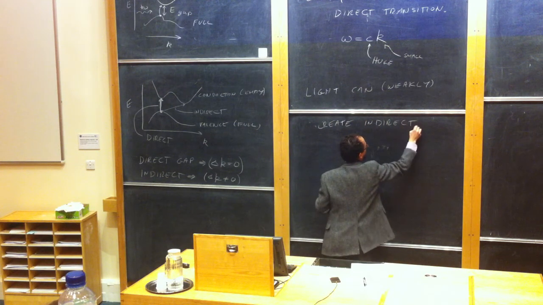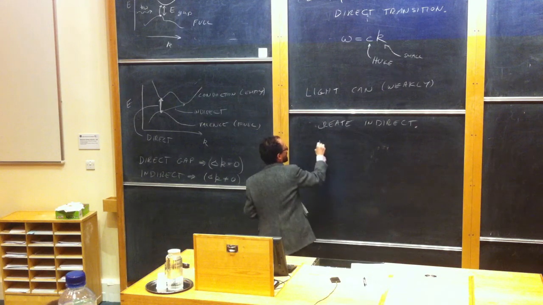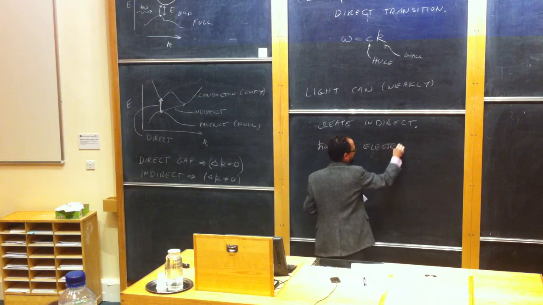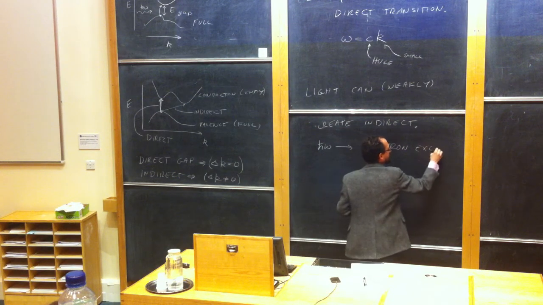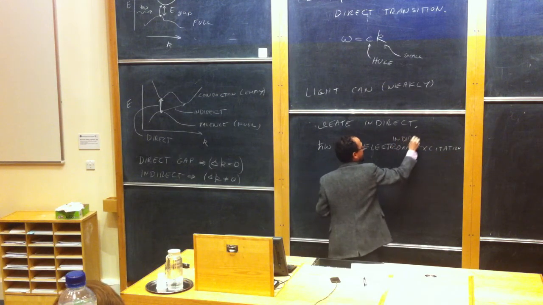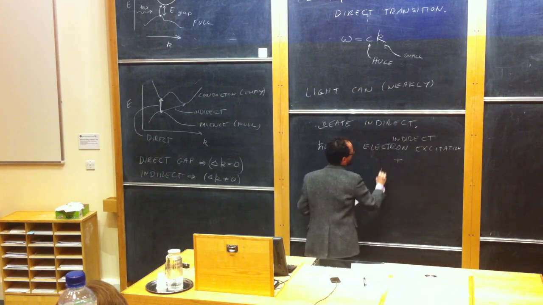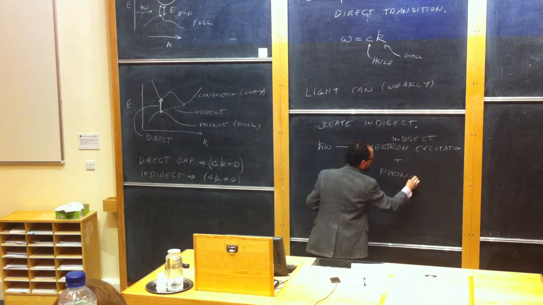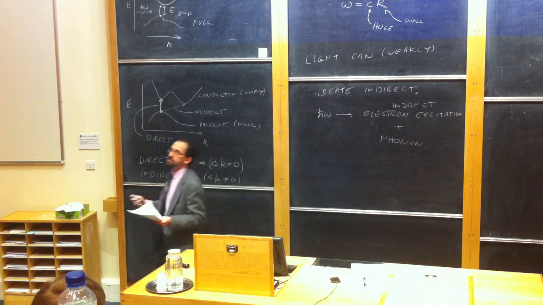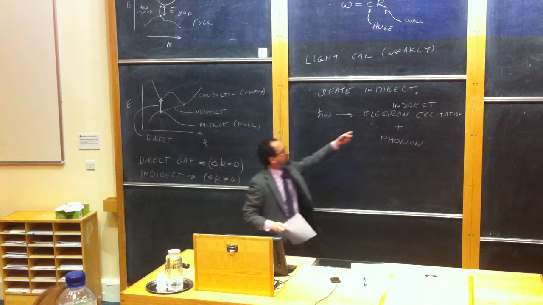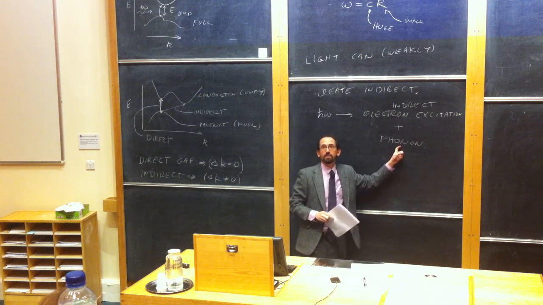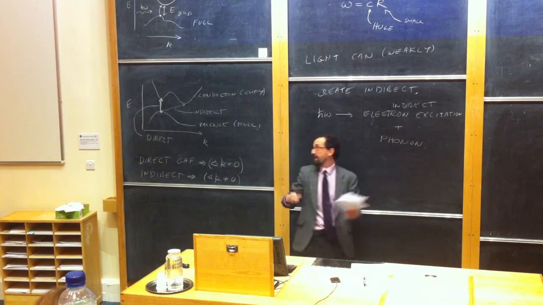And there are several ways this can happen. One way is you have your light come in, and it creates an indirect electron excitation plus a phonon. And in this way, you can arrange this to work out by having the momentum associated with the indirect electron excitation equal the momentum of the phonon, but in the other direction.